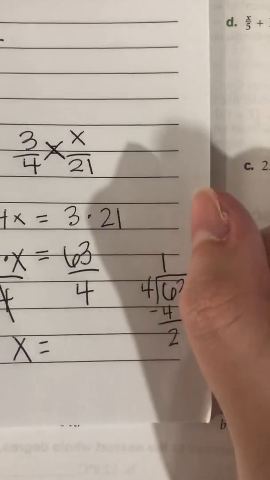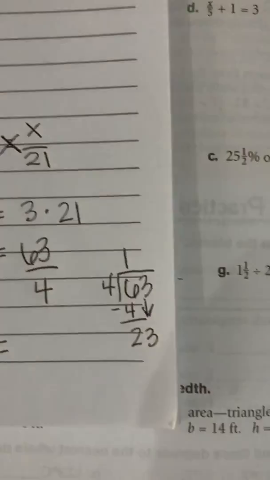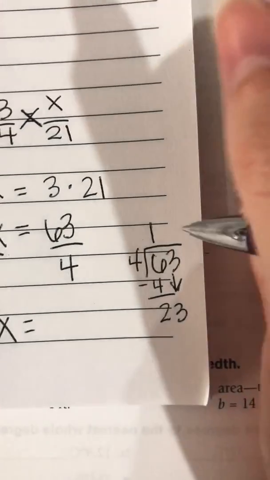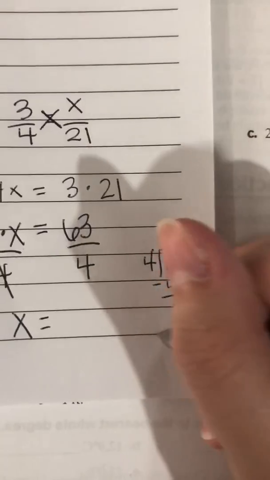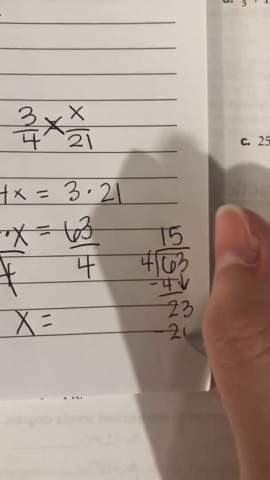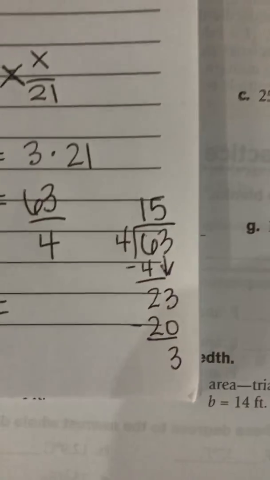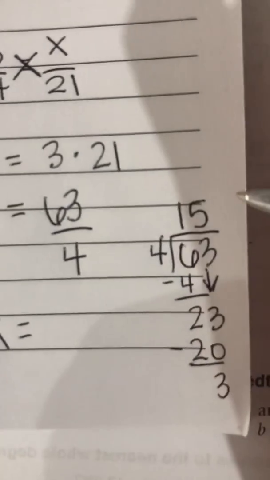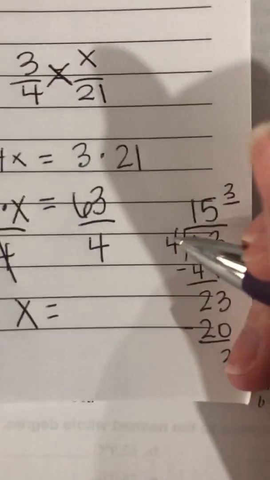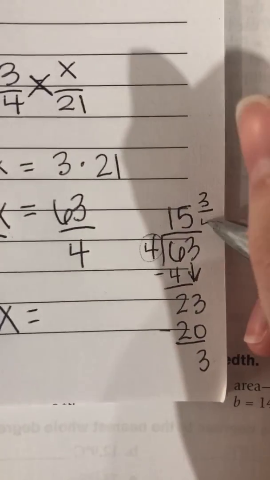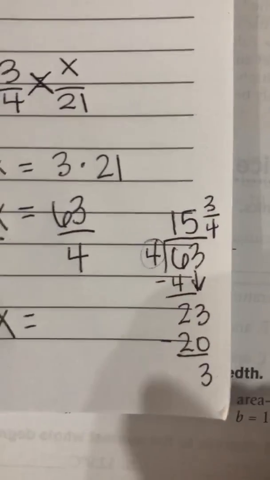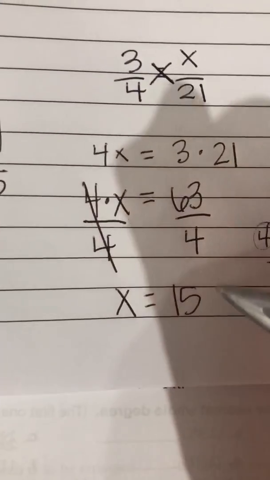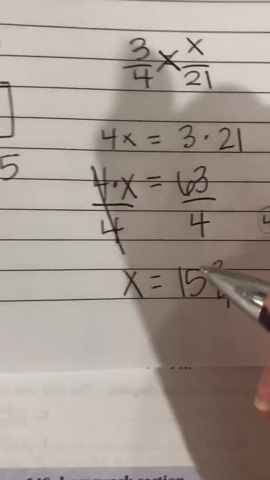With 2 left over, bring down your 3. 4 into 23, that'll go in 5 times. And I have a remainder. So if you'll remember, we take that remainder, we put it on top, and we take this number here, and that's our denominator. So our answer is 15 3/4.